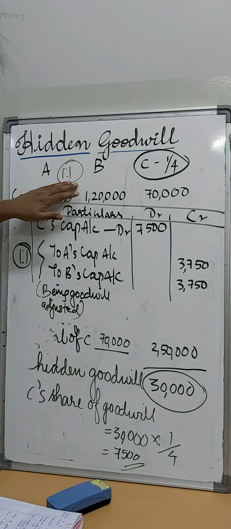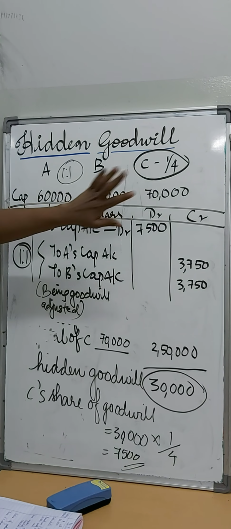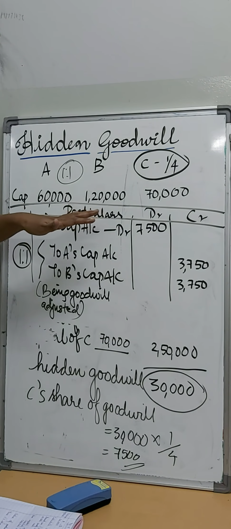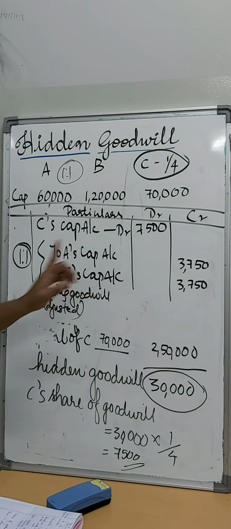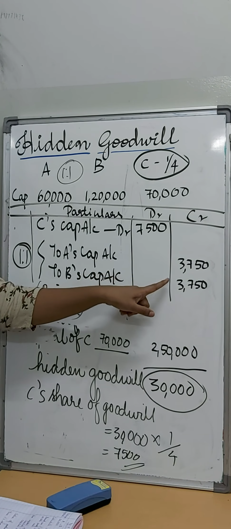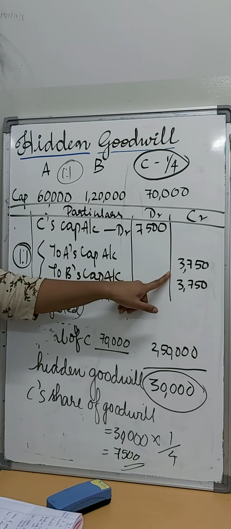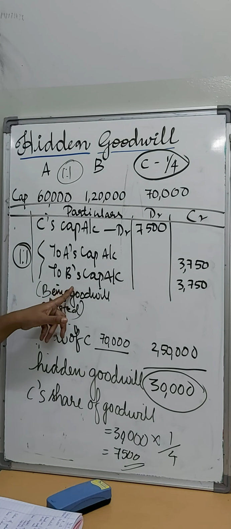The old profit sharing ratio is 1:1, and nothing else is given in the question, so we should assume the old profit sharing ratio as the sacrificing ratio. In this ratio, I am going to distribute goodwill. So C's capital account debit to A's capital account and B's capital account. 7,500 on the debit side, I am going to distribute equally, 3,750 each for partner A and partner B. I hope it is clear.